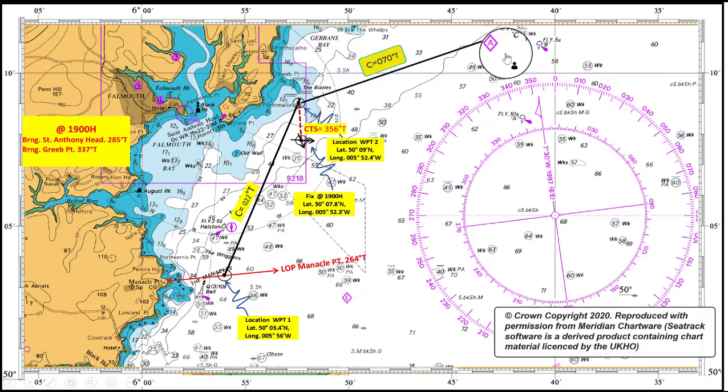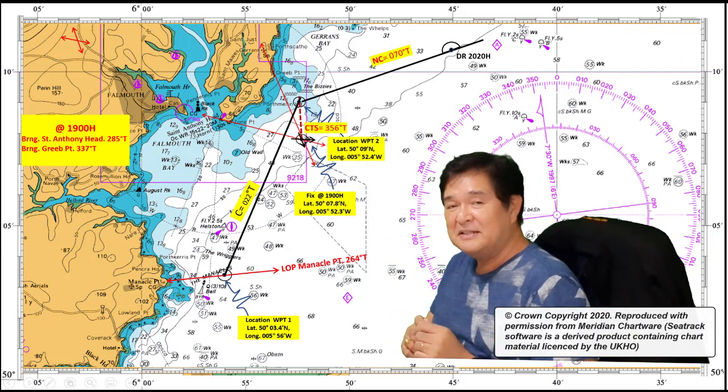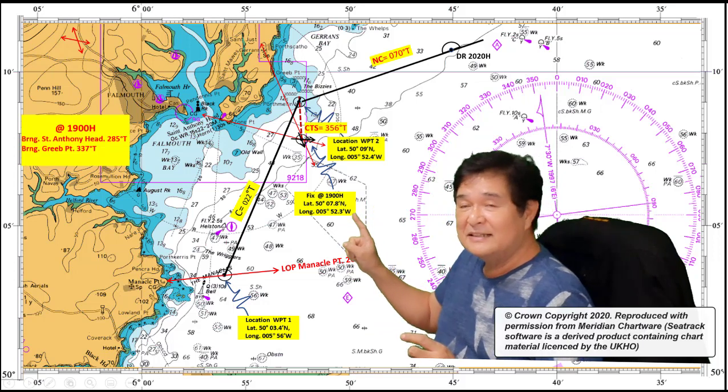Then all you have to do is plot the speed of your ship, which is 5 knots. So 5 knots is here, 1, 2, 3, 4, 5. Measure it here, and this is your DR at 2020 hours. Is that easy?